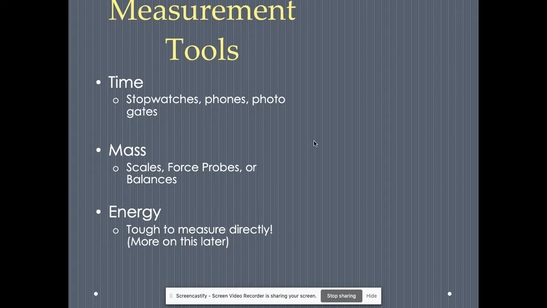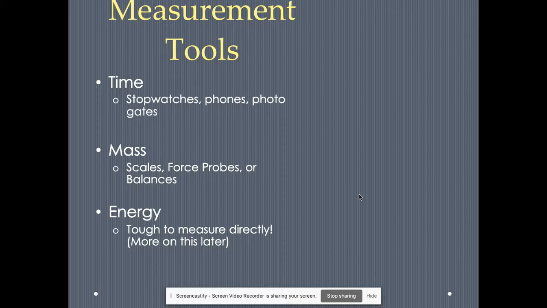The main ones for time and mass that we're going to be using are, for time, stopwatches and your phones. For mass, we may use scales or the force probe that I'm telling you guys about, but it's a very simplified version of that. And then energy, it's actually pretty tough to measure directly.